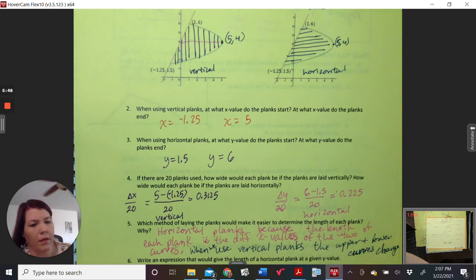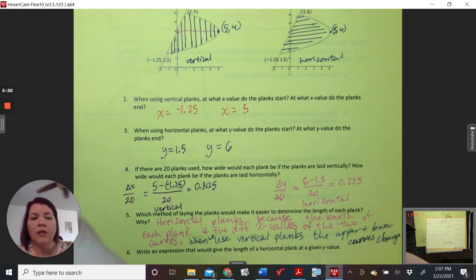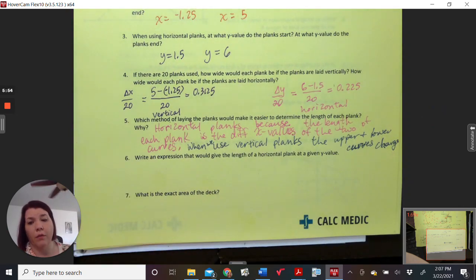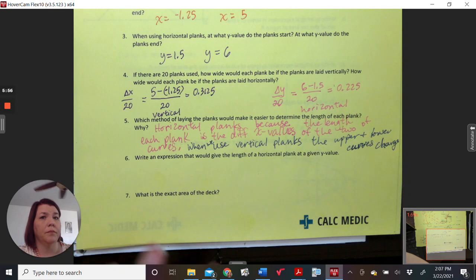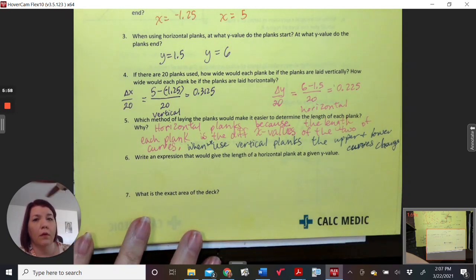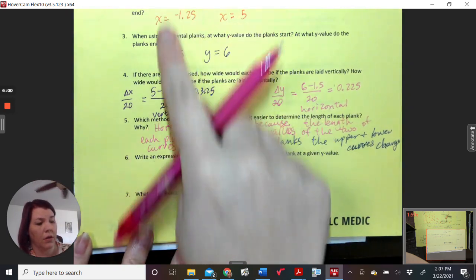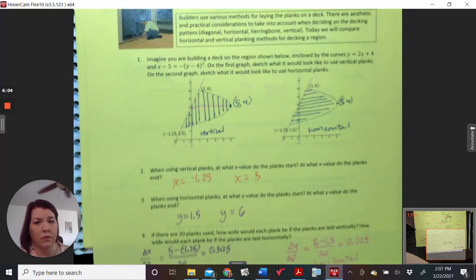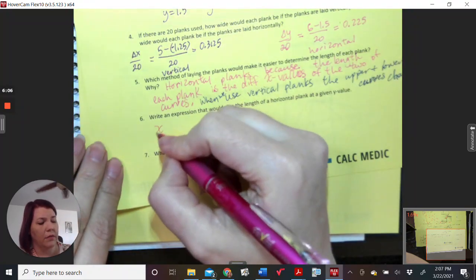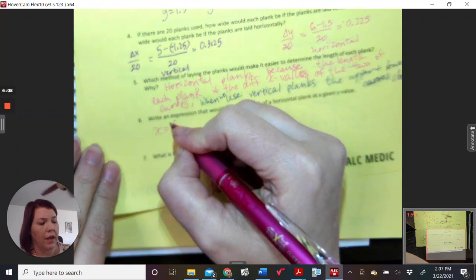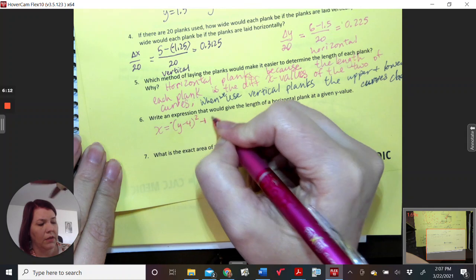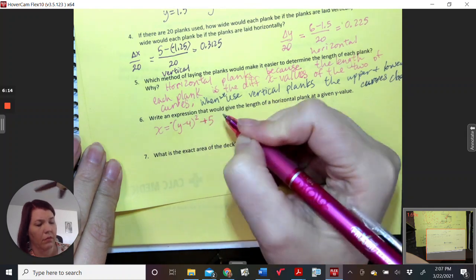Okay. Write an expression that would give the length of a horizontal plank at a given y value. So if I took my equations, x would equal negative the quantity y minus 4, squared, plus 5. That's the right curve.